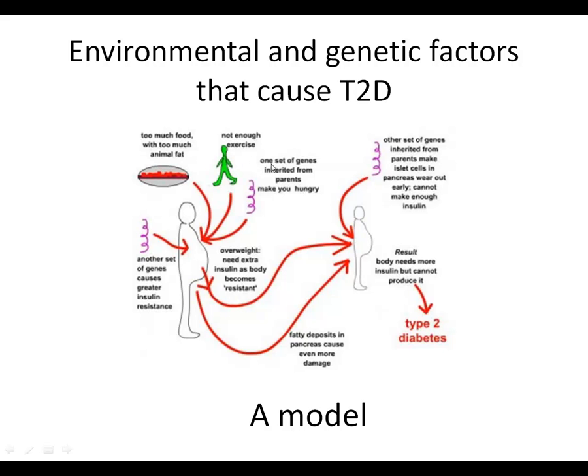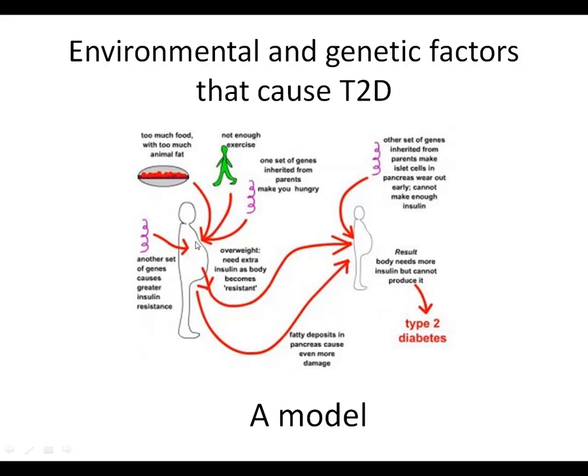Not enough exercise, and also some of the genes that have been tied to type 2 diabetes have been shown to affect your appetite. So if you've got the hungry gene in combination with not enough exercise and too much and a change in diet, that makes you more likely to be overweight.